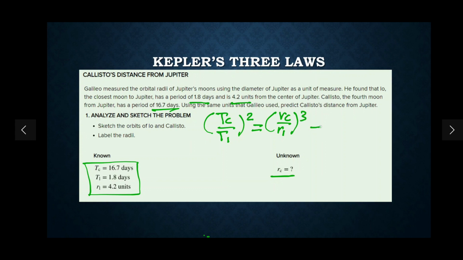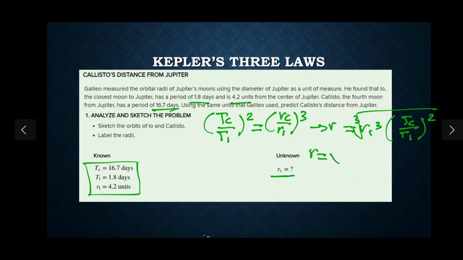Or we could say that Rc cubed equals Ri cubed times (Tc over Ti) squared. Since we need to remove the cube, we take the cube root of this whole equation. Now let's substitute.